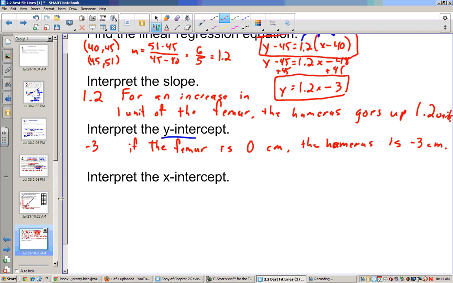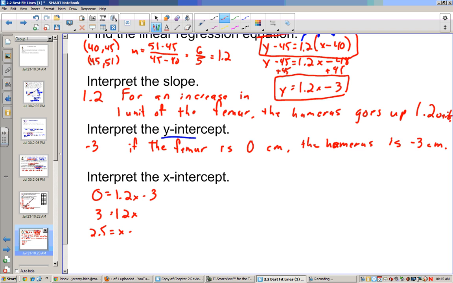Interpret the x-intercept. So to find the x-intercept, we put y equals 0 and solve it. Add 3 to both sides. Now I divide by 1.2. 3 divided by 1.2, calculator says 2.5.